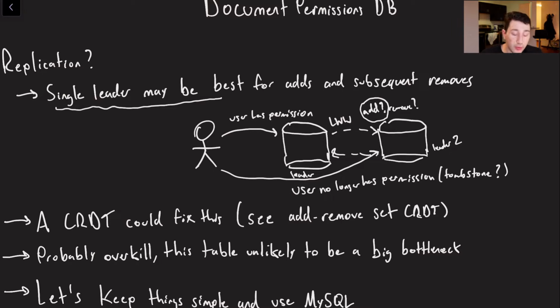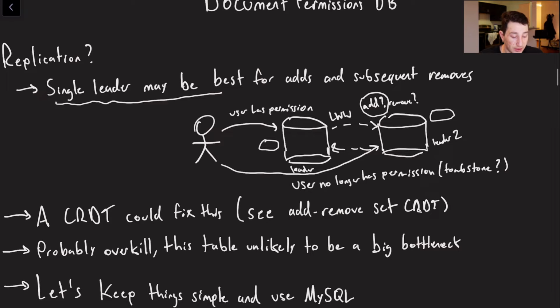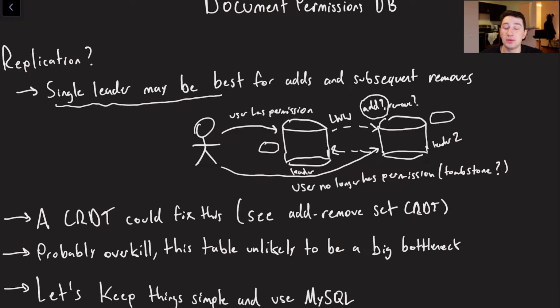Now you might be thinking we can actually make this work with something like a CRDT. For those of you who are less familiar, CRDTs are basically a special data structure that goes on each of these leader nodes. The idea would be to use something like a set CRDT so that when we add permission for a given user and then remove it on another leader, the gist of the CRDT is that they will eventually converge to a value that makes sense.